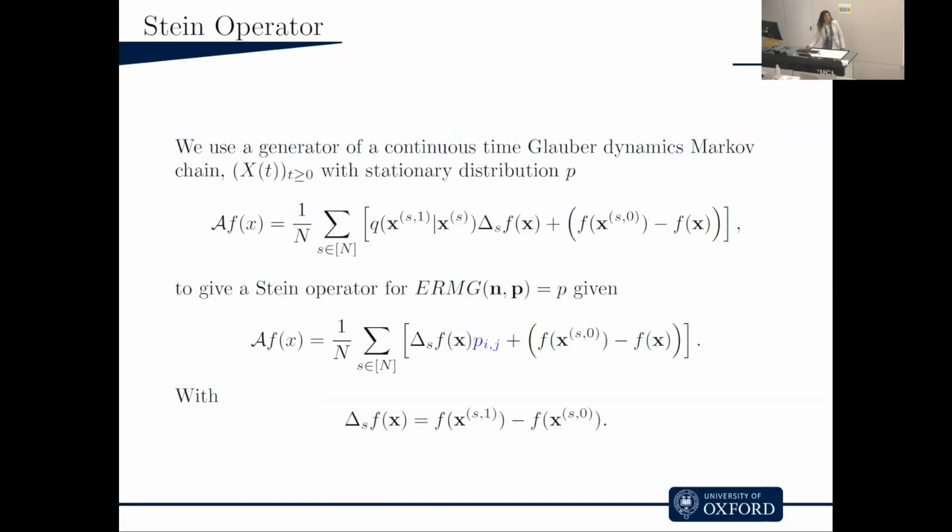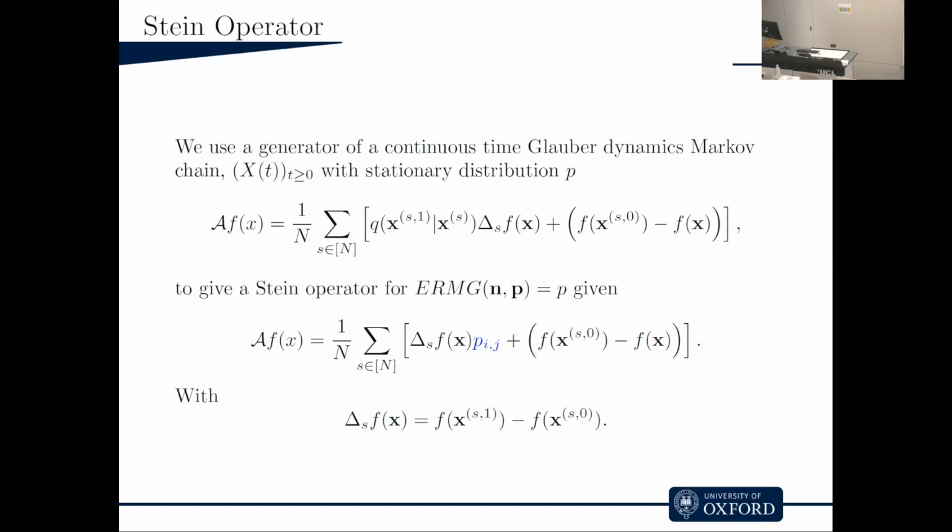For the ER mixture graph models, as you heard earlier for graph models, we can use the generator of the glauber dynamics Markov chain as the Stein operator. In this Stein operator, Q is the conditional probability of observing an edge at a pair of vertices S given the rest of the network.